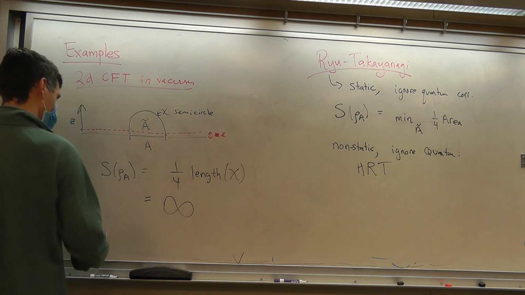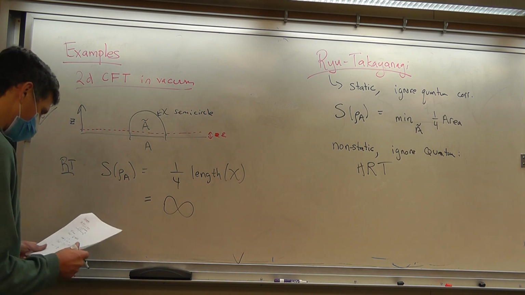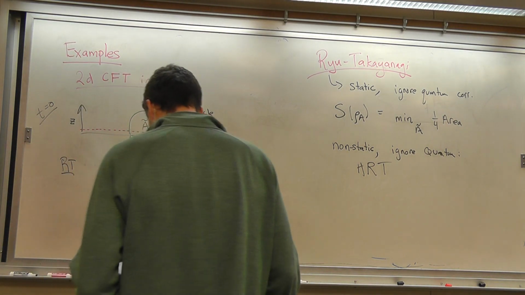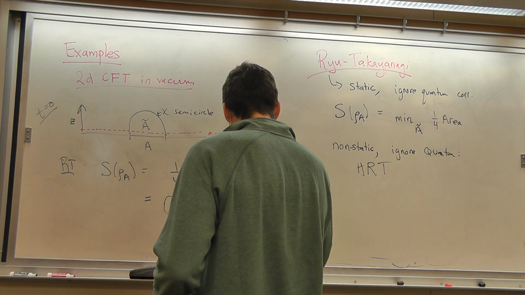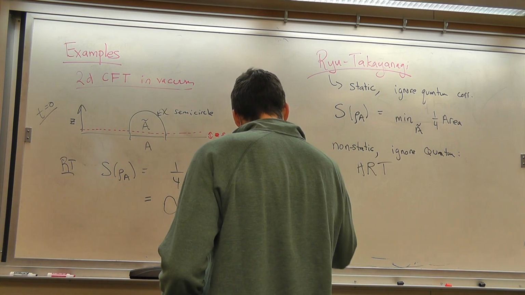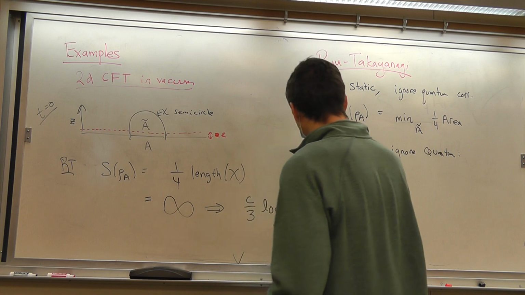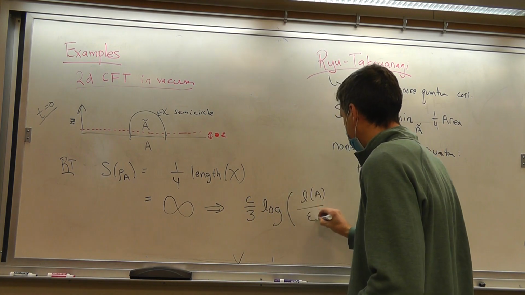So now we just calculate the length up to that distance epsilon. And what you find is c over 3 log of the length of region A over epsilon.